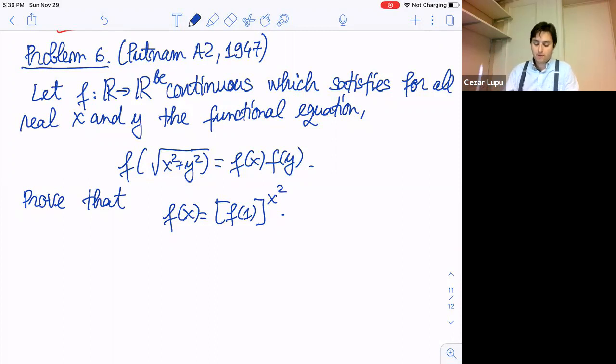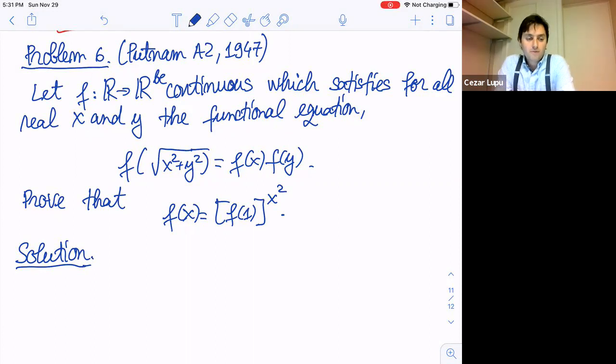But we have to be careful here a bit. Maybe in a certain way, we can reduce this to Cauchy functional equation, maybe for another function.